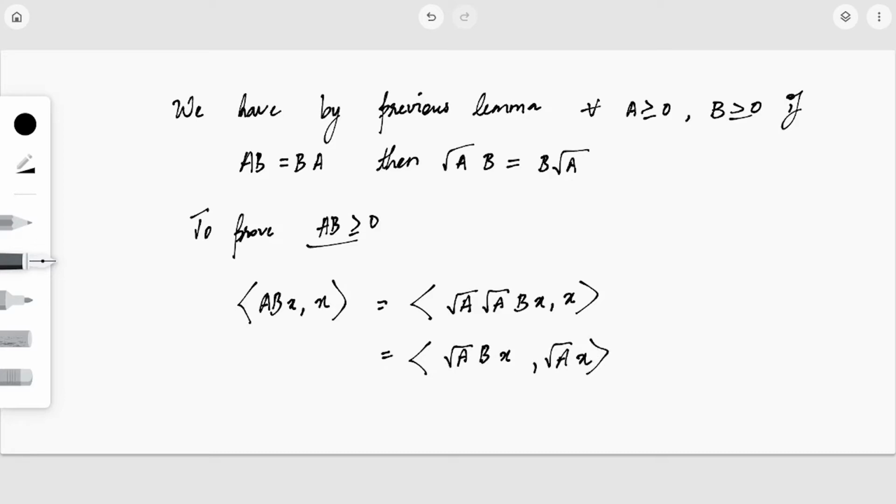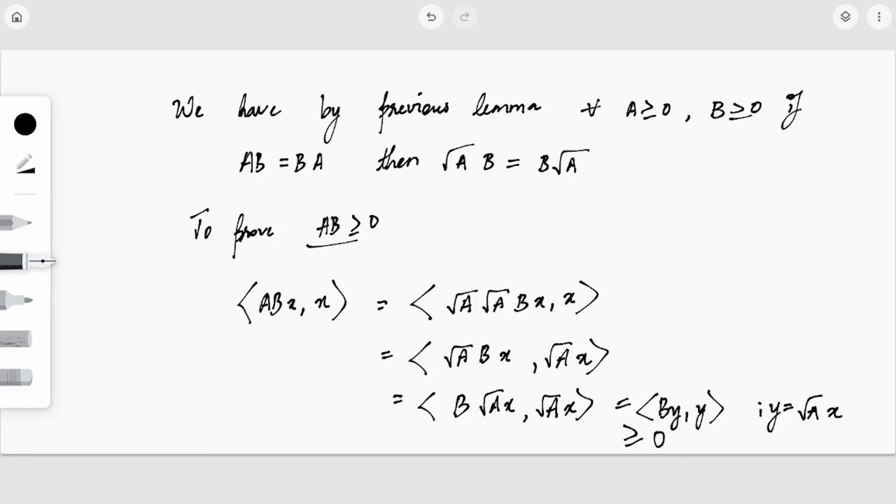Now this root A into B can be written as B into root A x. So I'm writing this as inner product By, y, where y is equal to root A x. Now is this greater than or equal to 0? That is definitely greater than or equal to 0, because B is non-negative. Since B is non-negative, inner product By, y will be greater than or equal to 0. So I get inner product ABx, x is greater than or equal to 0.